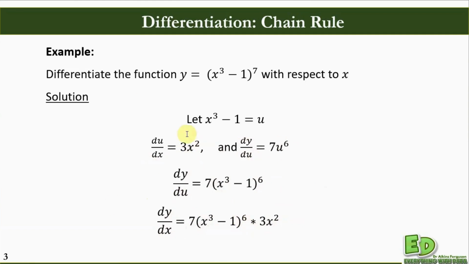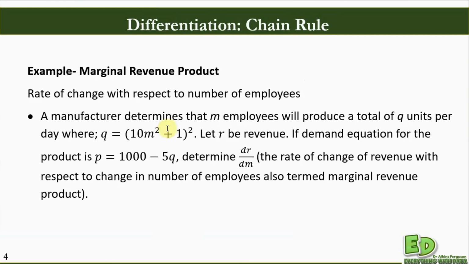Let's look at a practical example where I'm going to apply what we've learned here in economics or from a business perspective. Marginal revenue product: the rate of change of revenue with respect to the number of employees.